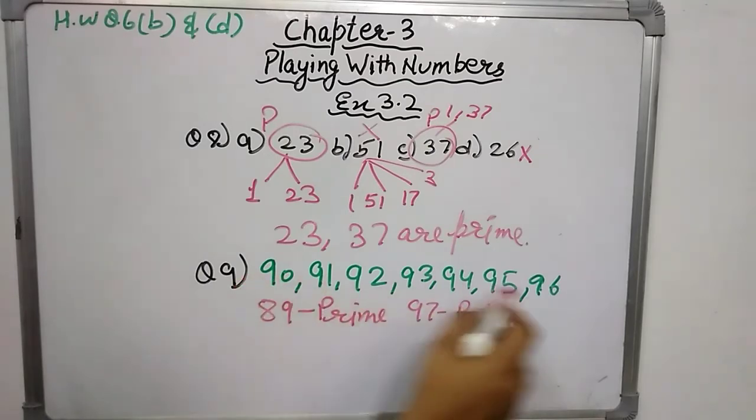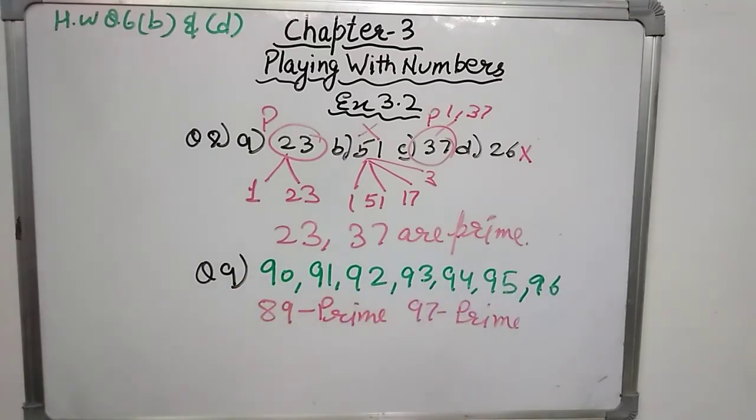But between 90 and 96, there is no prime number. So this is the single set of 7 consecutive composite numbers between 1 and 100.